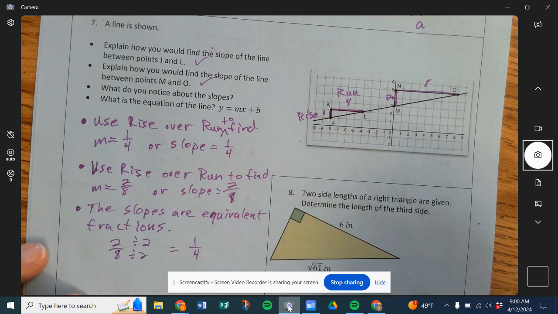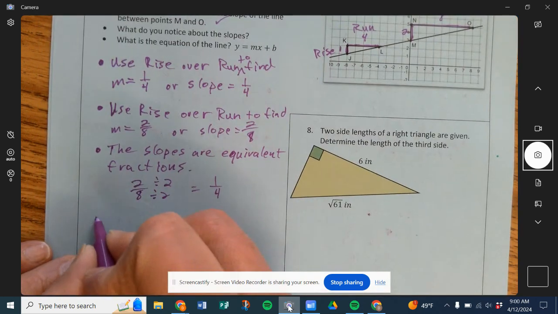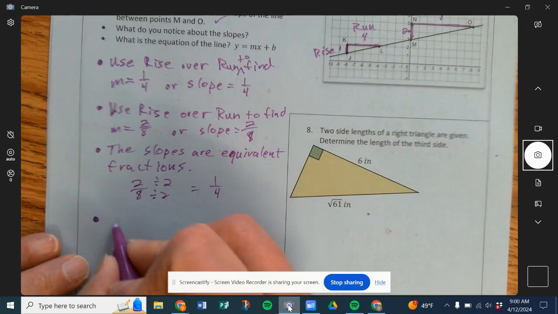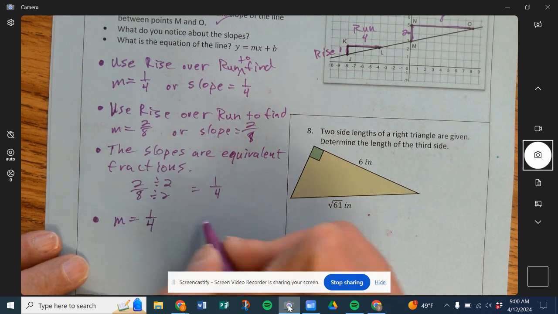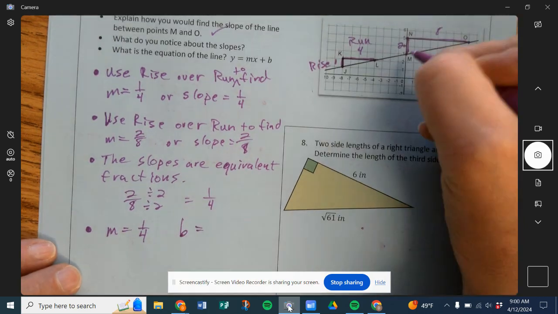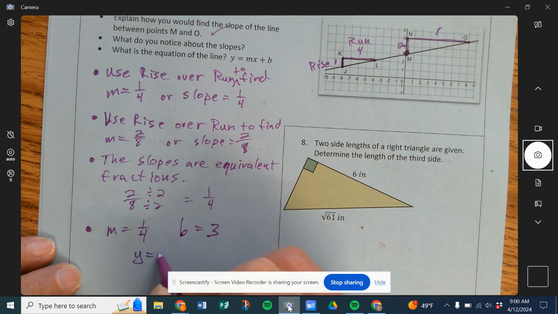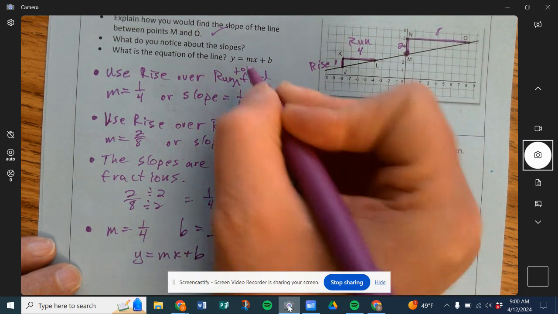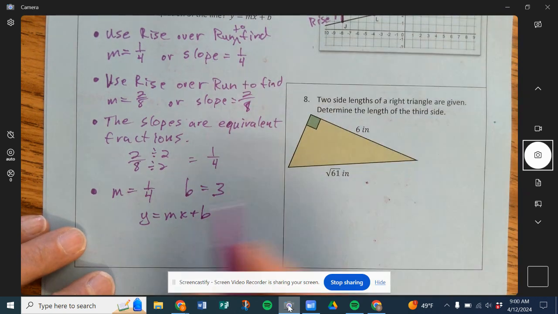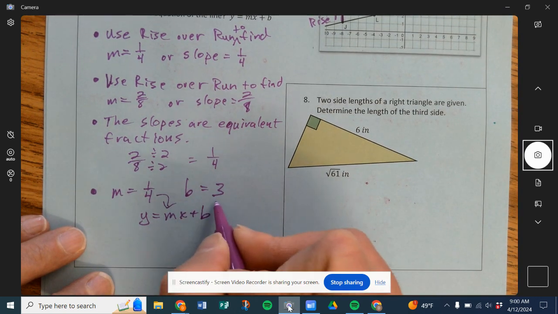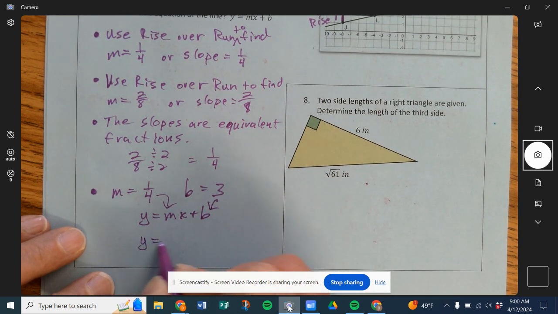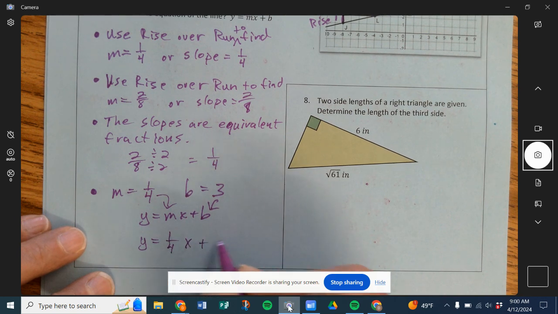And what is the equation of the line? Well, our slope is 1/4. We already know that. Our b value is where the line crosses the y-axis right there. It happens to be 3, right? And our formula is y equals mx plus b. We just take that 1/4, plug it in, and that 3 and plug it in. So it becomes y equals 1/4 x plus 3.